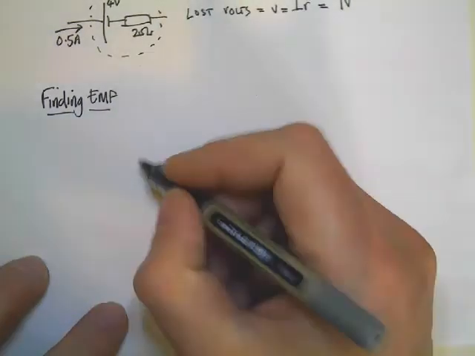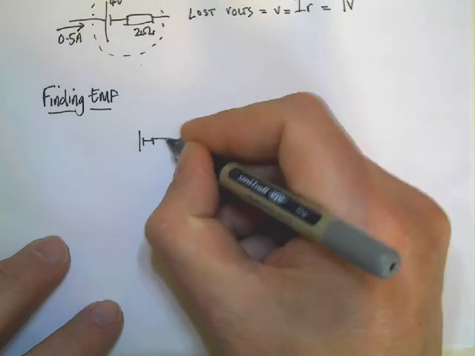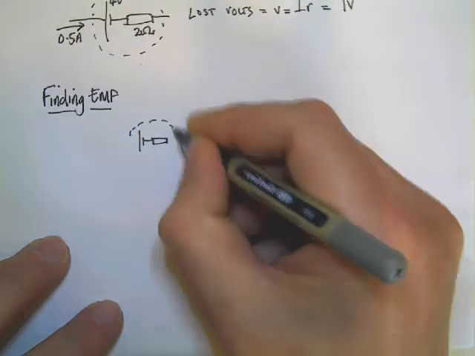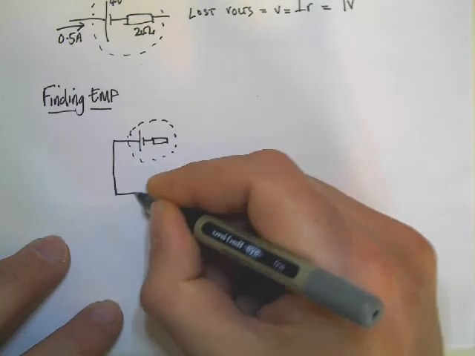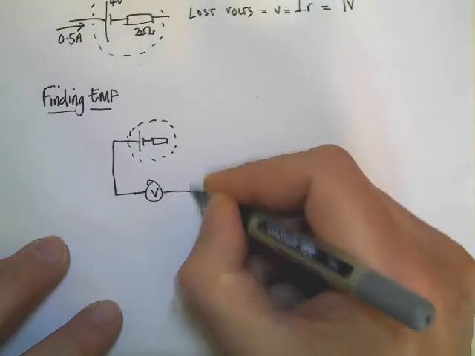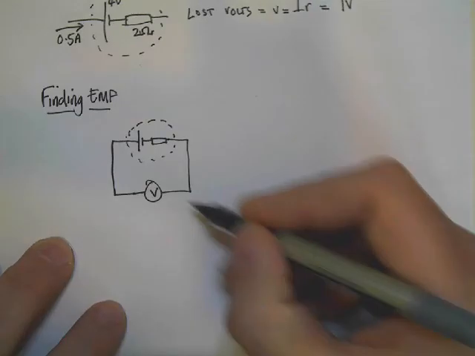And the simplest way is not perfect, because what you would do is you'd get your cell with internal resistance, and you would connect it to a voltmeter.